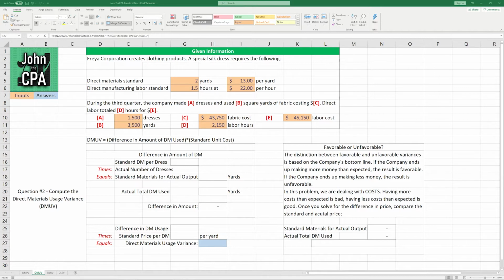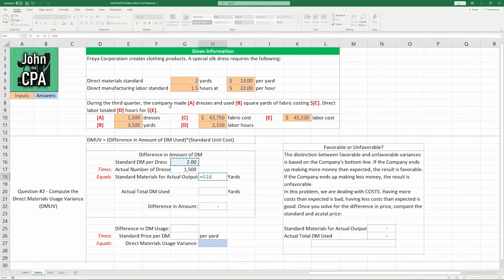So we produced 1,500 dresses, and we need to figure out how many yards of material we would have used producing 1,500 dresses at our budget. So let's start there. Standard direct materials per dress is going to be 2 yards, and we're going to multiply that by what we actually produce, which is 1,500 dresses.